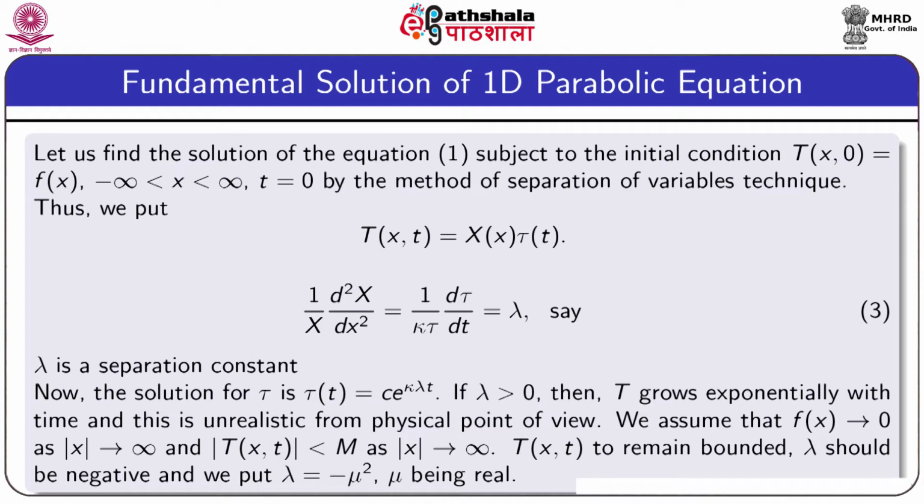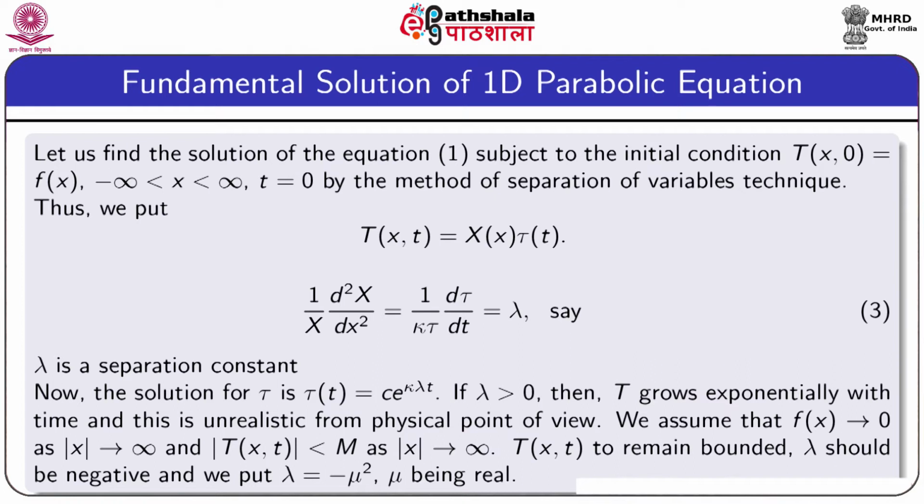Thus we separate the variables, the functions X and τ, in this way. Let the separation constant be λ. Now, equating (1/κτ) dτ/dt to λ, we can find the value of τ as c e^(κλt).